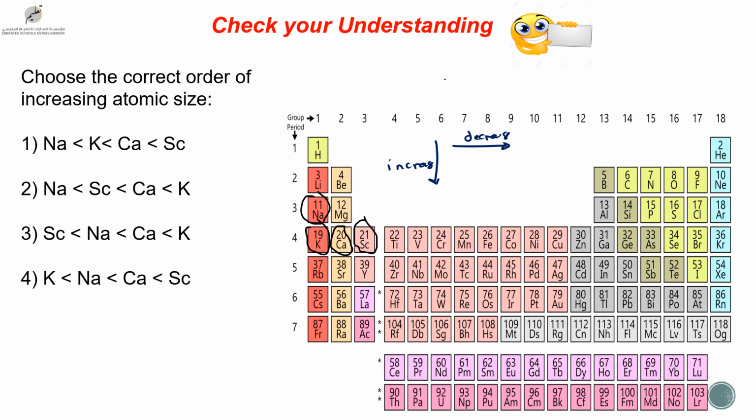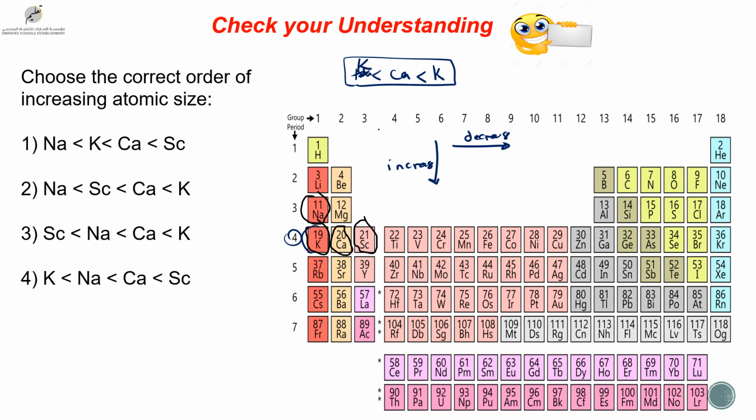So automatically, in period 4, you can know that K is bigger than Ca, and it's bigger than Na. You know this, right? You already know this, that K is bigger than Ca is bigger than scandium or Sc, because when we go from left to right, the size will decrease. Now, sorry guys, not Na, K. I'm talking about K here.